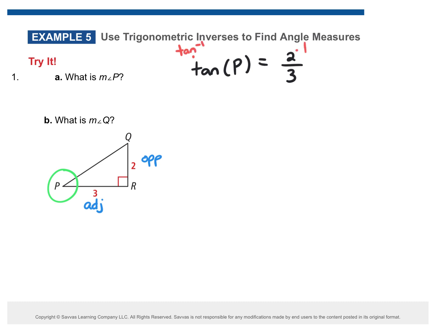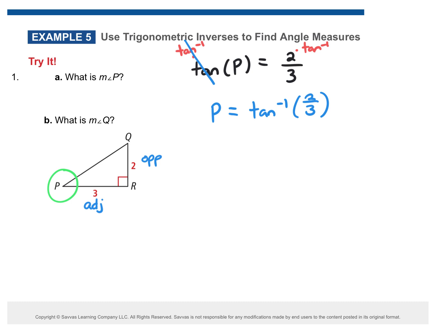So multiply both sides by the inverse. I'm going to rewrite this for you. Watch what happens. On the left side, those cancel out because they're inverses. So I'm left with our angle P equals, I'm going to rewrite that right side as tangent inverse of 2/3. This here is what you're going to put in your calculator.